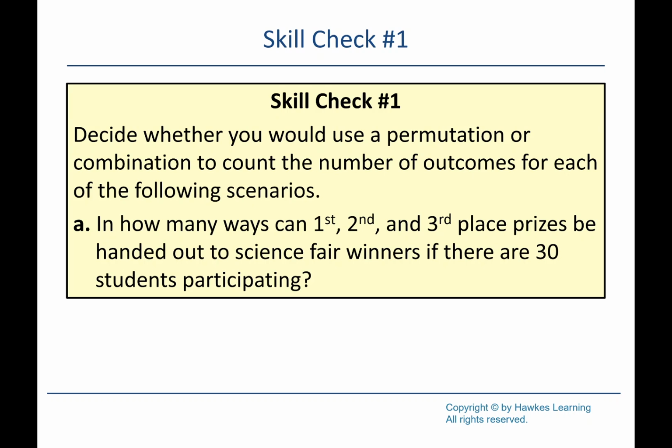Does winning first place mean the same thing as winning third place? No, there's a ranking there, so there is a difference, probably different prizes even. So order would matter on this one, so we would use permutations. So order matters.